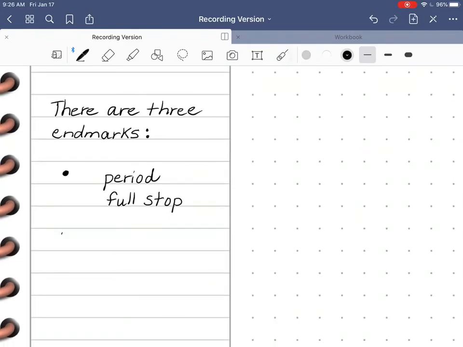And then we have this end mark. That is a question mark. So if we're asking a question, the question mark is the stop sign. That lets the reader know I'm stopping right here, and I'm also asking you to respond. I'm asking for information.